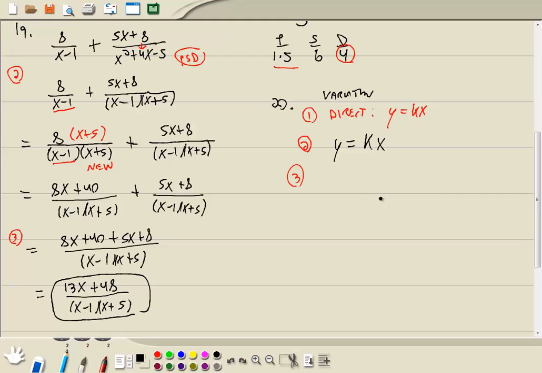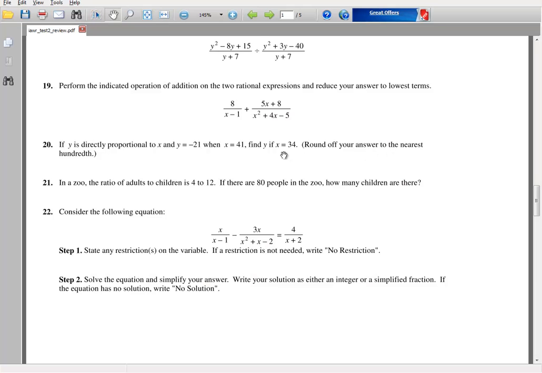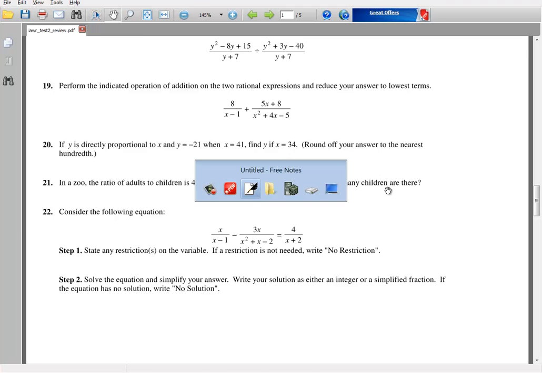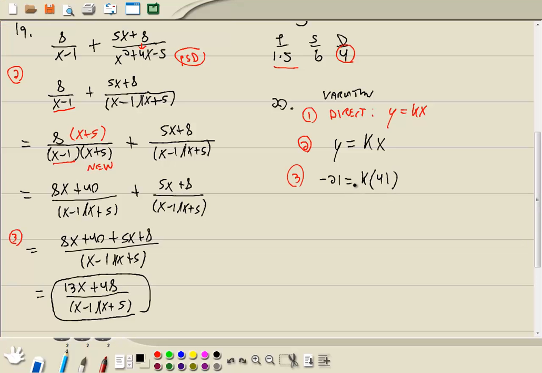So they're telling us y is negative 21 and x is 41. That's our one example. We want to use that to find k. So divide both sides by 41. So we've got negative 21 over 41 is equal to k. And now we want to plug that into the formula from step 2. So we got y is equal to negative 21 over 41x.